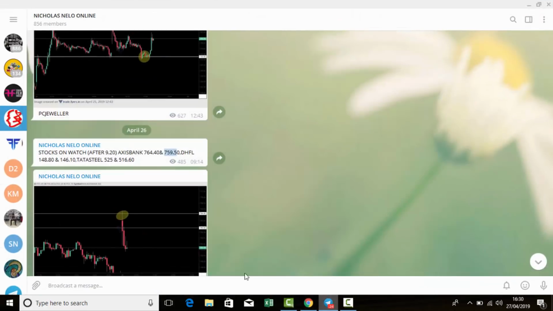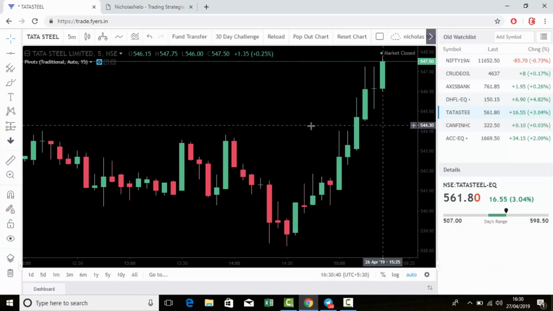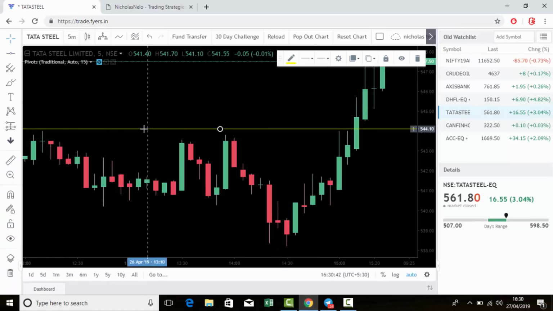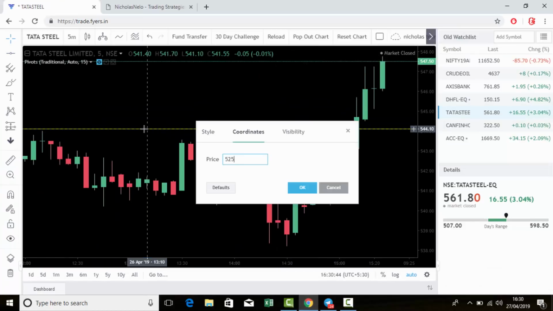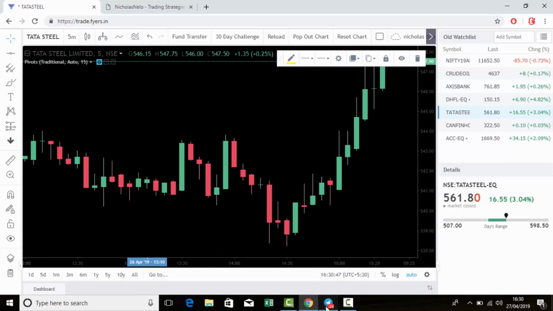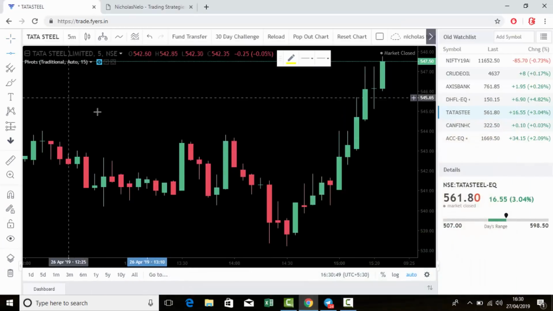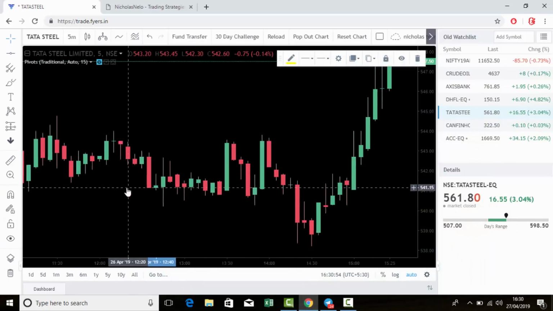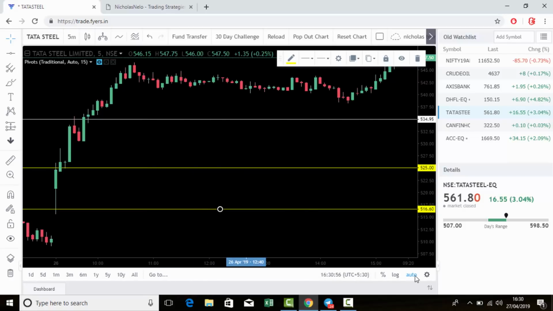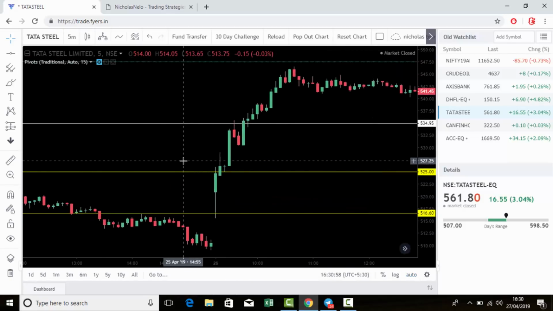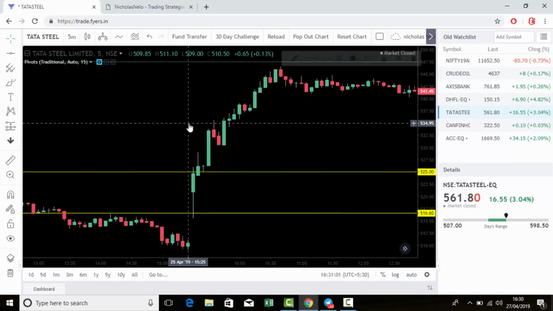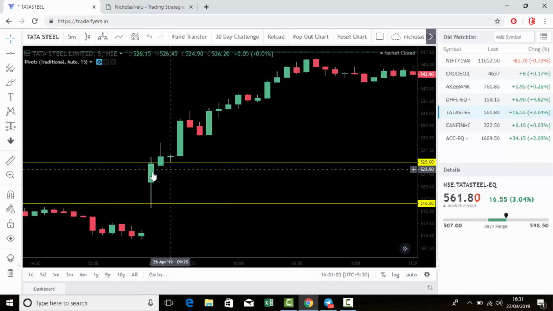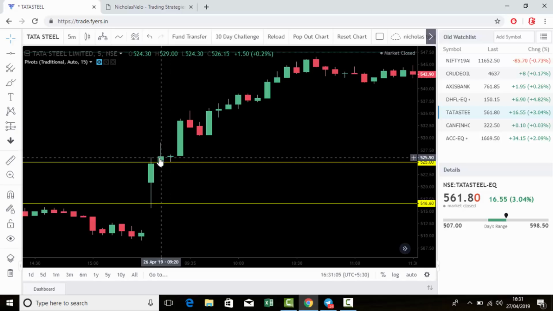And one more stock, Tata Steel, 525 and 560.60. See here, the second candle is closing above the level, then you can go for buy.